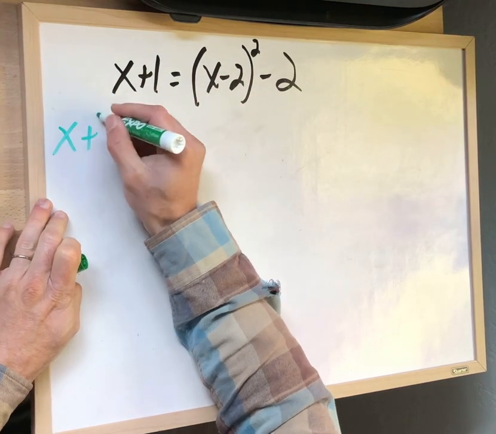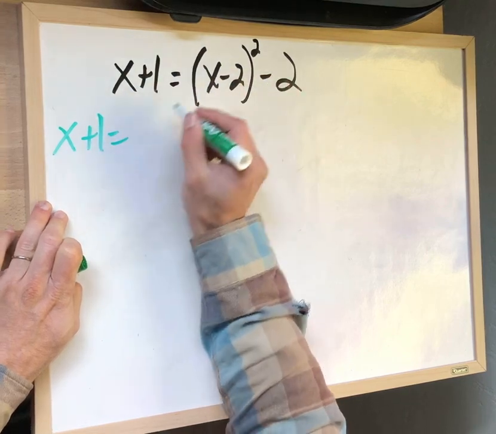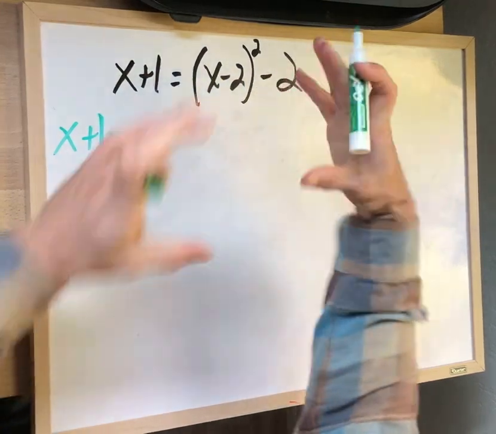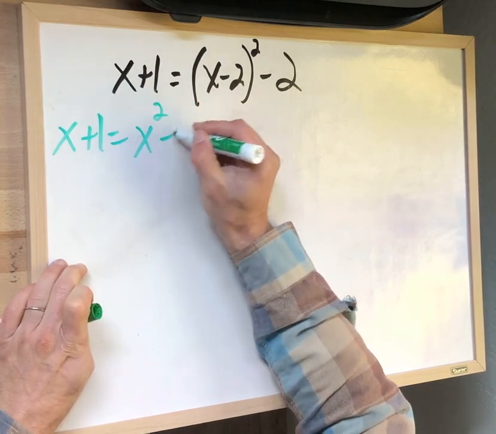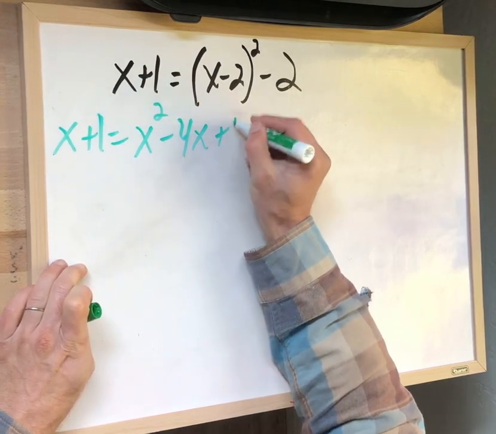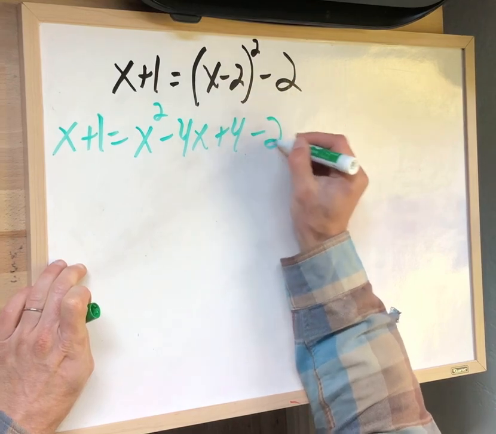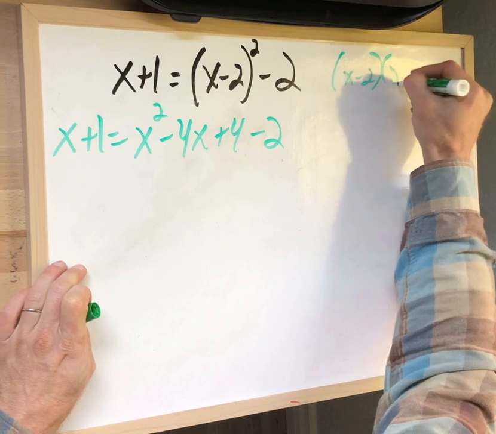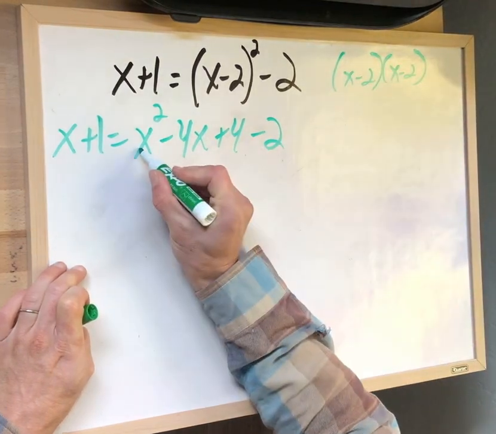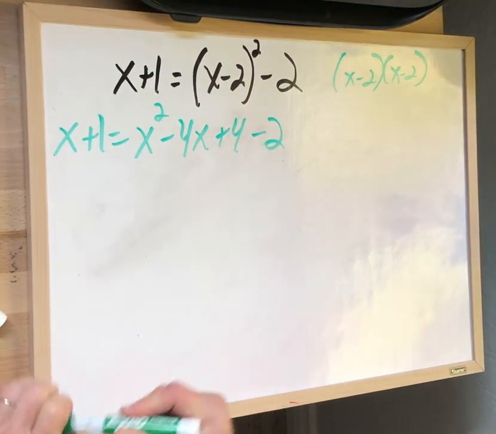I'm going to have x plus 1 equals, I'm going to multiply this out. I just took x minus 2 times x minus 2 to get x squared minus 4x plus 4, and then minus that 2.